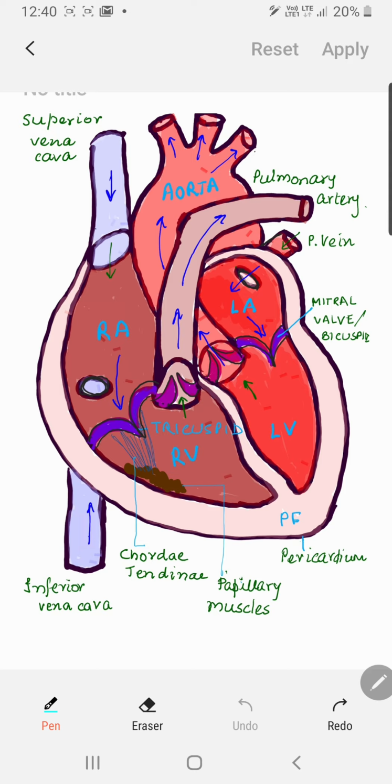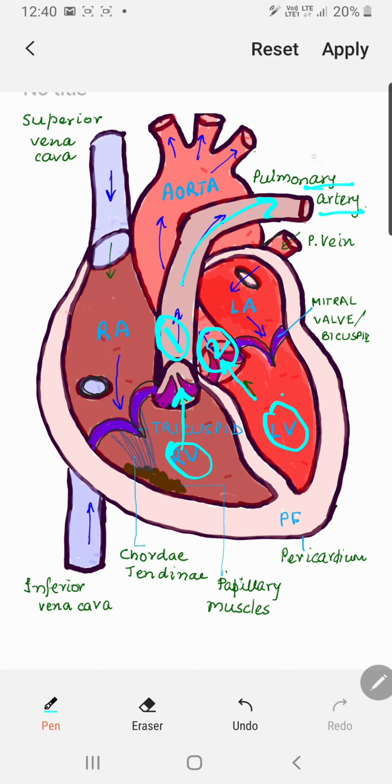Then you go with the outgoing ones. Now the outgoing vessels, vessel number 1 and vessel number 2. One is emerging out from the right ventricle, and the other one is emerging out from the left ventricle. The one emerging out from the right ventricle is the pulmonary artery.